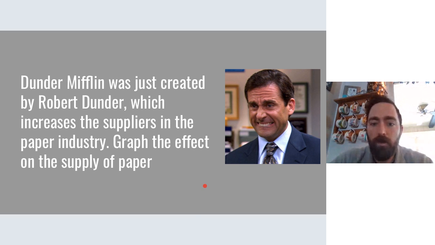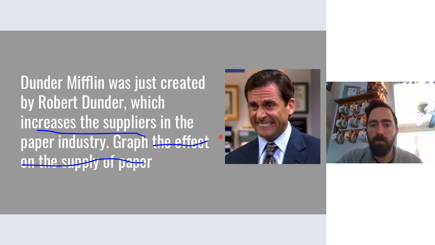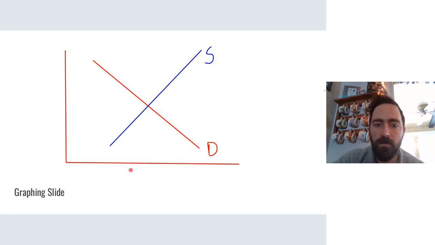Okay, here's another touch on the office. Dunder Mifflin was just created by Robert Dunder, which increases the number of suppliers in the paper industry. Graph the effect on the supply of paper. So again, if we were to take out this part, number of suppliers, we know right there what's going to be affected, supply or demand. Suppliers, we're talking firms.